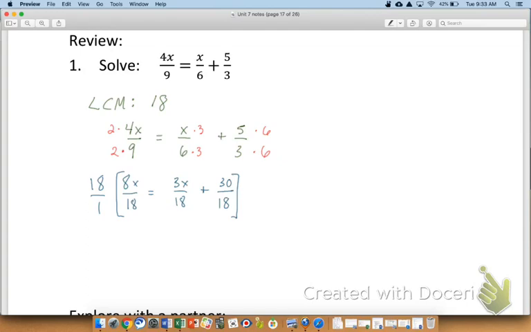So when I do that, do you see how the 18s would cancel on every single fraction? So what I'm essentially able to do is cancel all of these 18s with that 18, leaving me with something that's much easier looking.